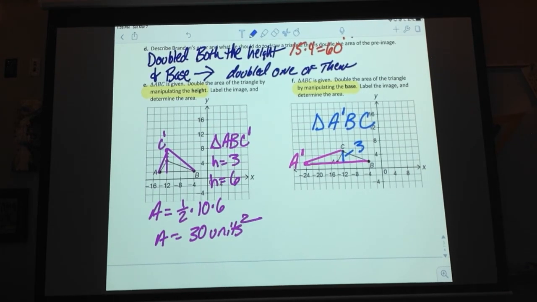Because I only manipulated vertex A. So my area is going to be 1/2 times my base. And my base, since I took it out another 10, my base is going to be 20. And my height is 3. And once again, 1/2 times 20 times 3 is 30 units squared.